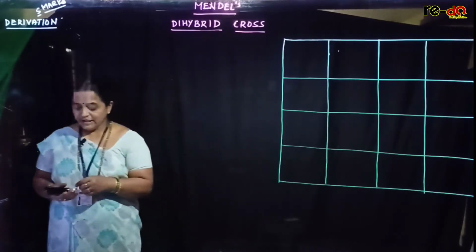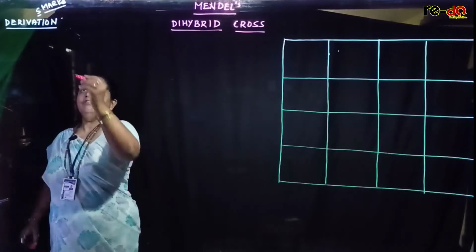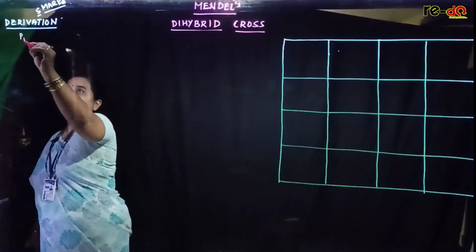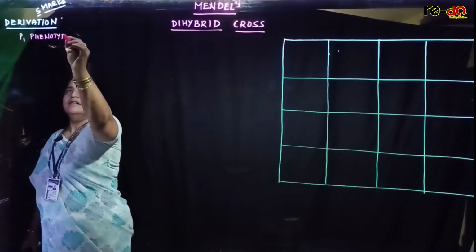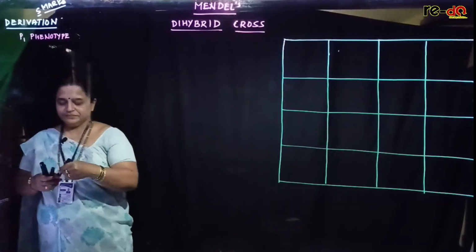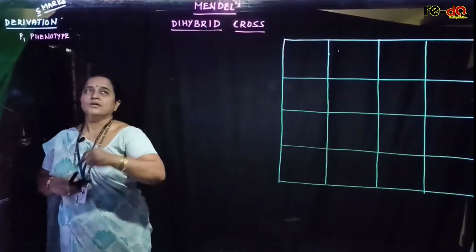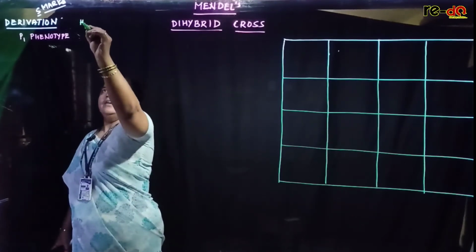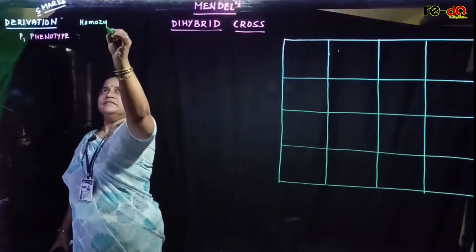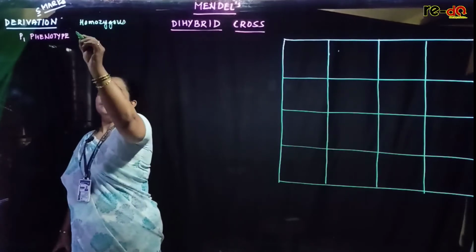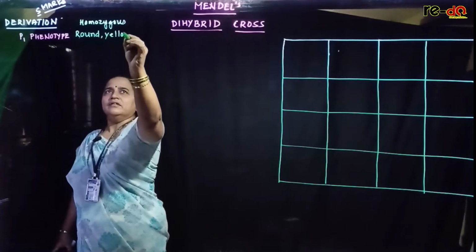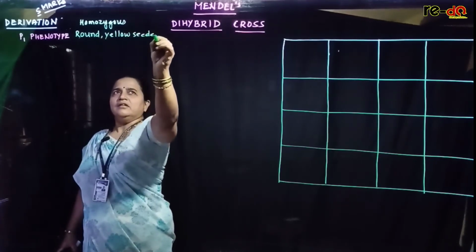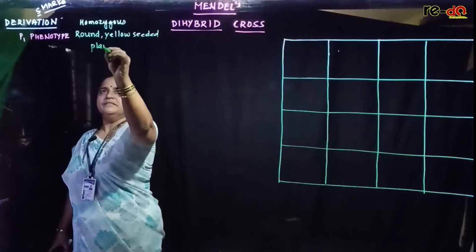So while writing the derivation, as I already told you, we must first write the P1 phenotype. As per Mendel, the selected plant is a homozygous round yellow seeded plant.